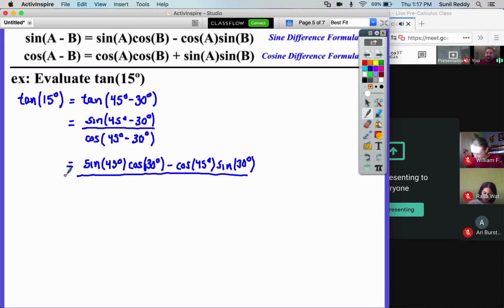Now my denominator, I need to use the cosine difference formula, which says multiply the two cosines together and add the product of the two sines. So here I have cosine of 45, cosine of 30, plus sine of 45, times sine of 30.